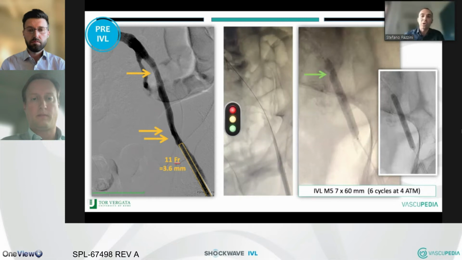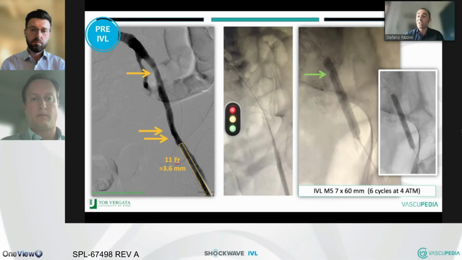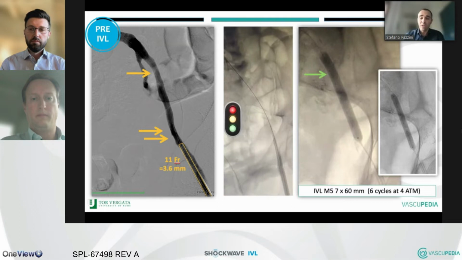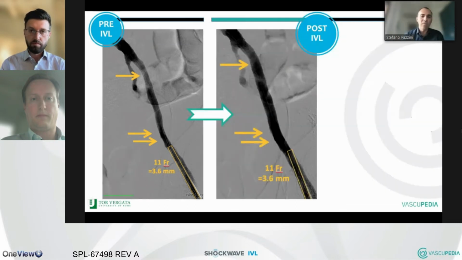We tried, of course, the doctoring technique, going with increasing diameter dilators, but we were not able. This was the first experience with the IVL almost 2 years ago, with the IVL M5, the previous catheter. This was the first cycle. You can observe how the dilatation was very good.